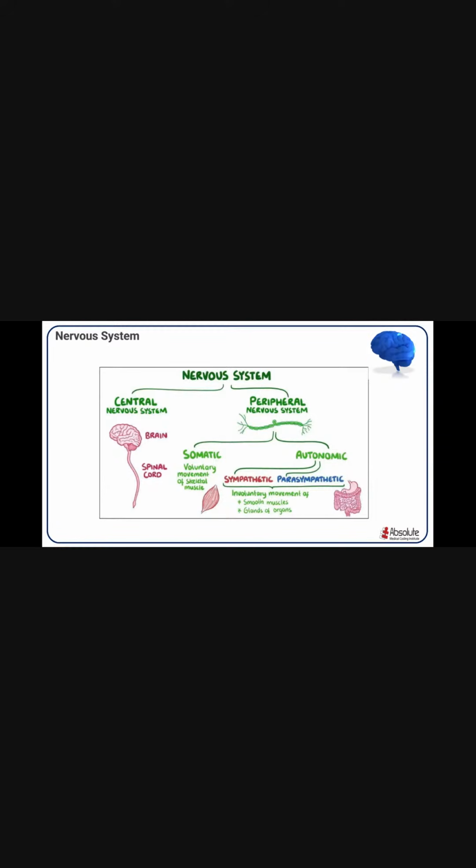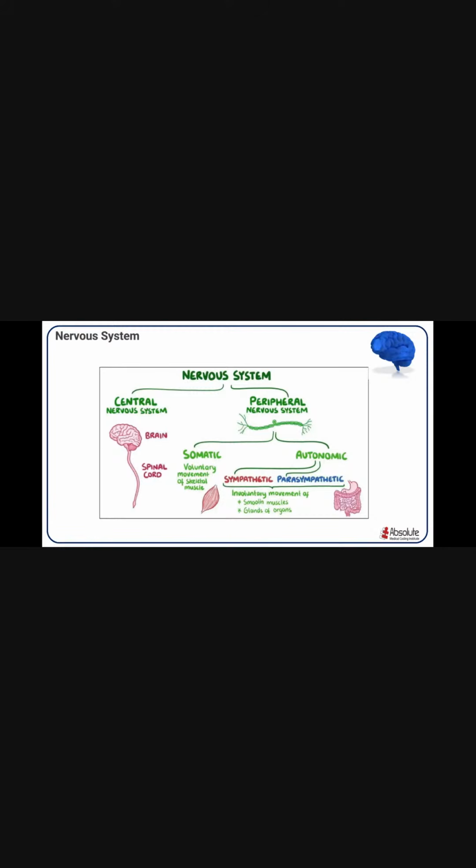So let's start simple. The human nervous system is broadly divided into two main parts. One is your central nervous system, and the other is your peripheral nervous system. The central nervous system, which includes your brain and the spinal cord, is basically the command center. It receives the information, processes it, and sends the instruction.